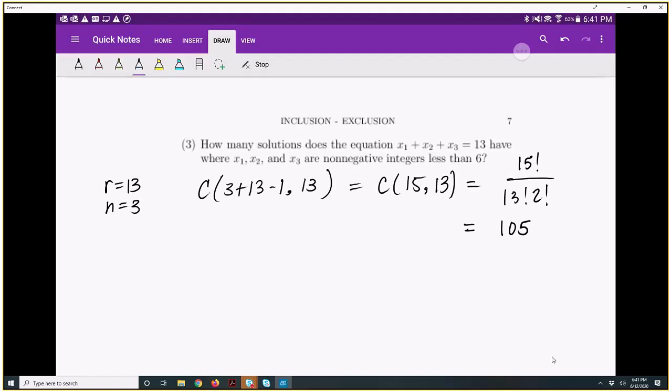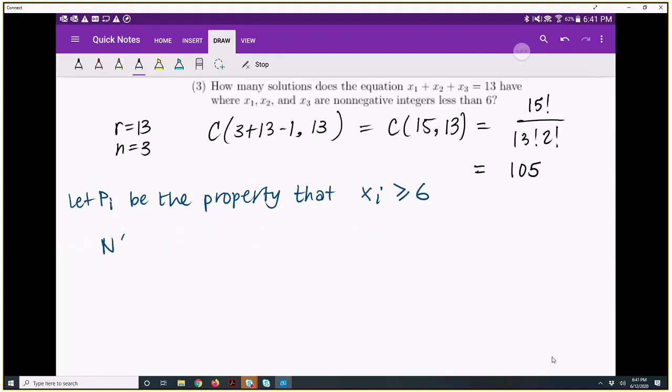Now, let's let Pi be the property that x sub i is greater than or equal to 6. We want to eliminate all of the solutions with that property, and then what we'll be left with are exactly the solutions where x1, x2, and x3 are non-negative integers less than 6.